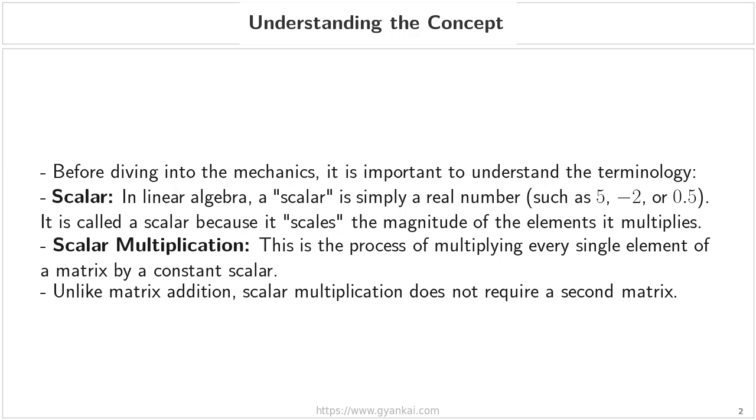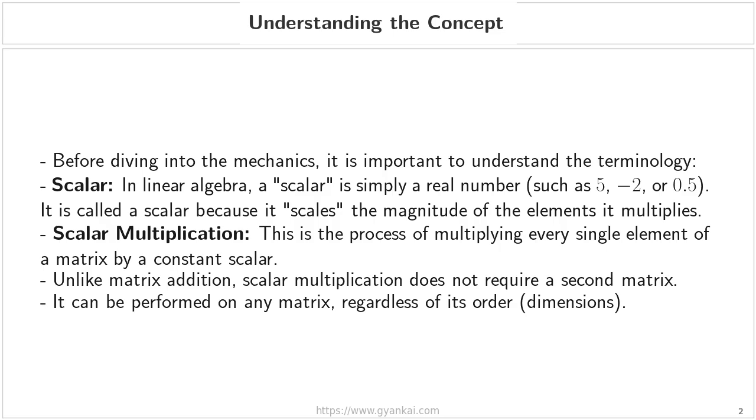You only need one matrix and one scalar. Furthermore, this operation is universal. It can be performed on any matrix, regardless of its order or dimensions, whether the matrix is square or rectangular. Once you are comfortable with these basic terms, we will move on to the formal mathematical definition in the next slide.